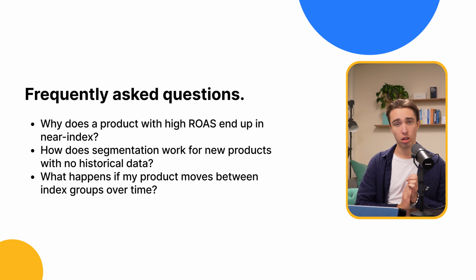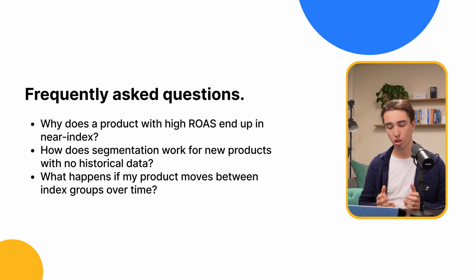That's because the product specifically has not got enough conversions or clicks, and that's why it's in near index. It has not got enough data to be set to an index or over index group with confidence. That's why it falls in the near index group, because it gets more conversions than a no index product.